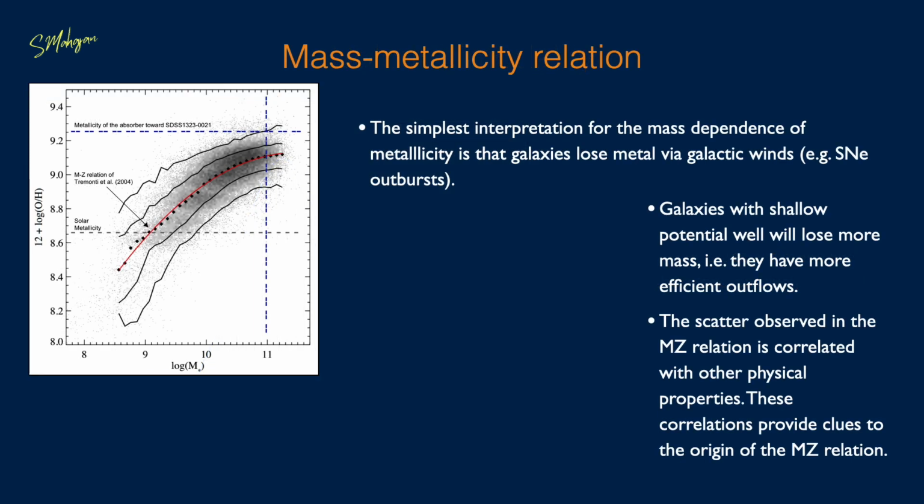Another important relation is found between the stellar mass and metallicity of galaxies, as shown here. Metallicity is the amount of elements other than hydrogen and helium in a galaxy. As expected, more evolved galaxies will have higher metallicity because the higher order elements created by evolving stars will accumulate to enrich it. On the other hand, young, low-mass galaxies have neither had enough time to accumulate metals nor do they have potential wells deep enough to sustain them.